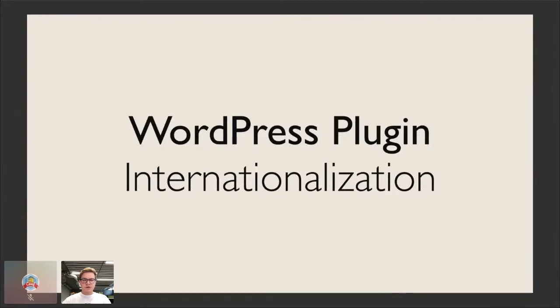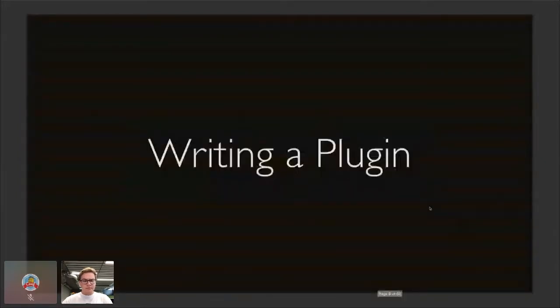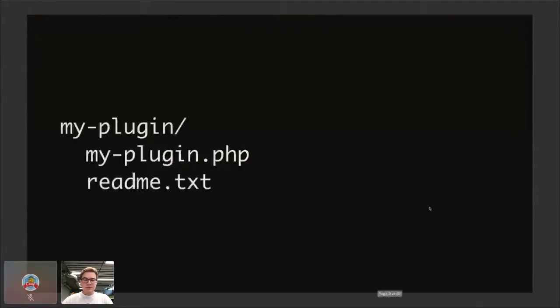Let's start with WordPress plugin internationalization. I assume most of you have developed a plugin for WordPress in the past, or are maybe in the process of doing so. If you write a WordPress plugin, the bare minimum that you probably should have is a simple PHP file and a README.